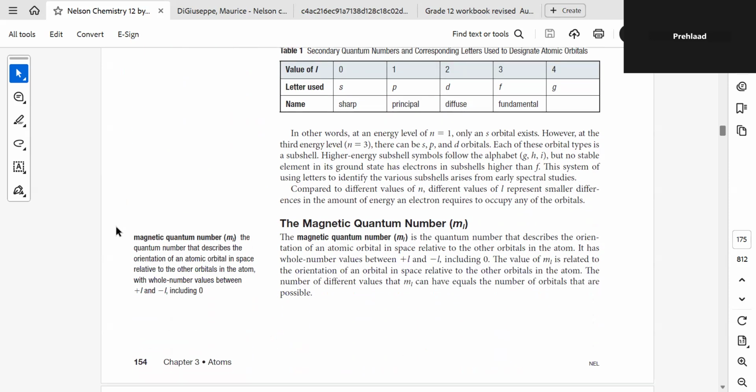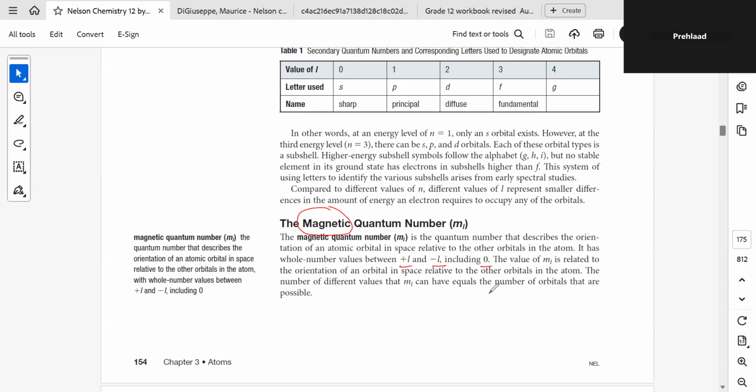Now, these lines which were observed were getting split when they were brought under the influence of a magnet. Let us read this. The quantum number that describes the orientation of the atomic orbital in space relative to the other orbitals in the atom has a whole number value between plus L and minus L, including 0.